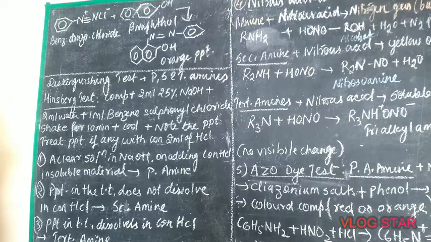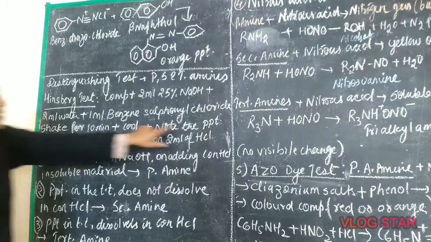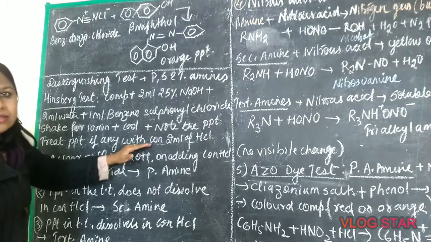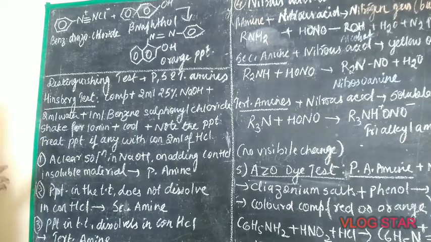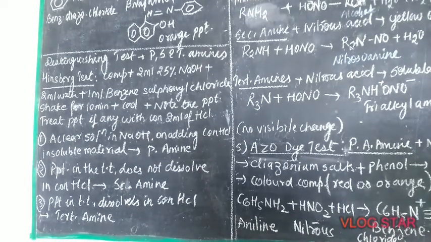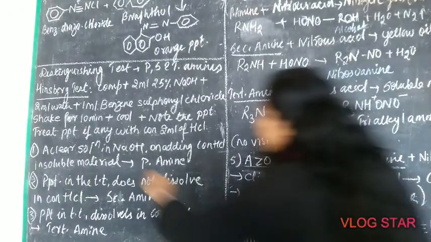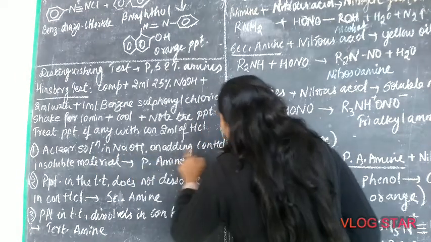Now, after noting the precipitate, if it is formed, treat it with 2 ml of concentrated HCl and then observe.